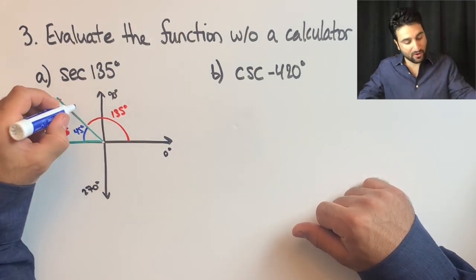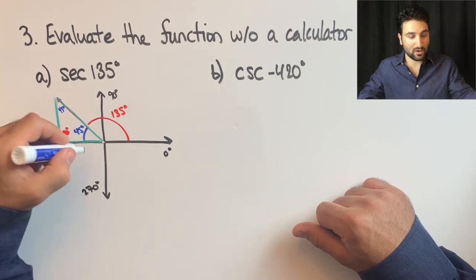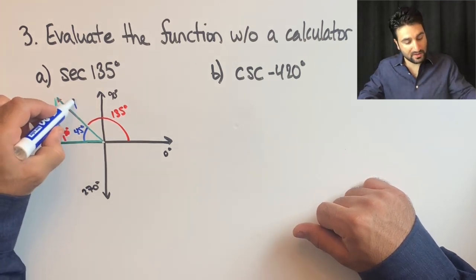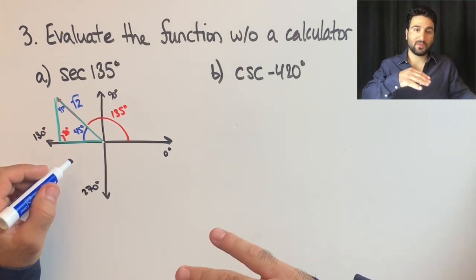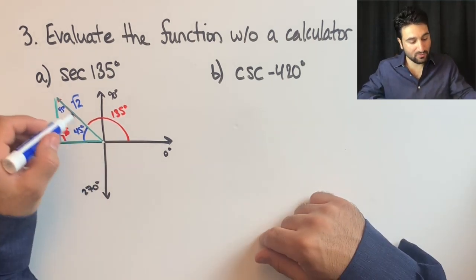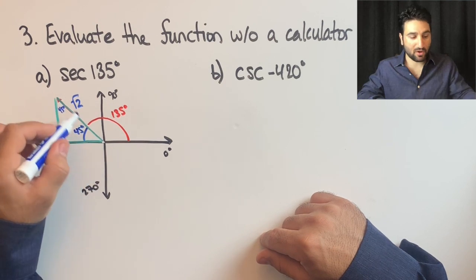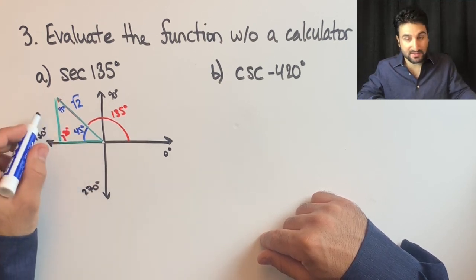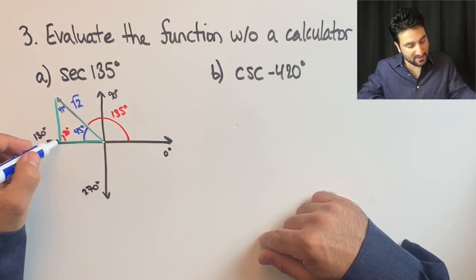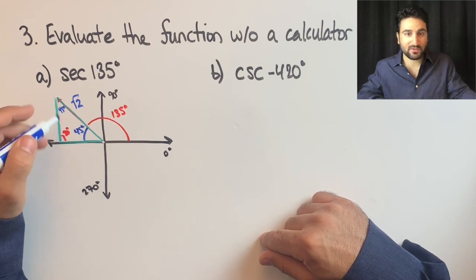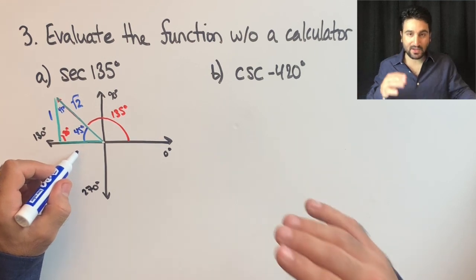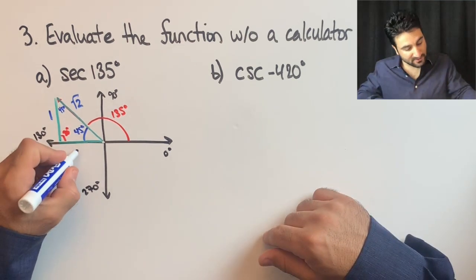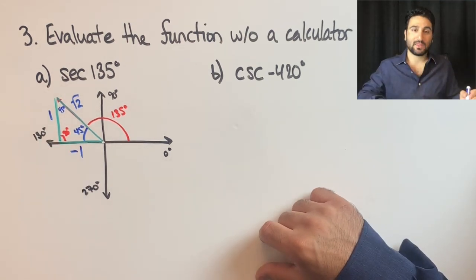Those are root 2, 1, and 1. But we need to have the direction on this triangle. Root 2, the hypotenuse, is always positive. But these have to be both 1. This 1 is positive in the y, so it's a positive 1. This 1 is actually negative in the x, so this is going to be negative 1.